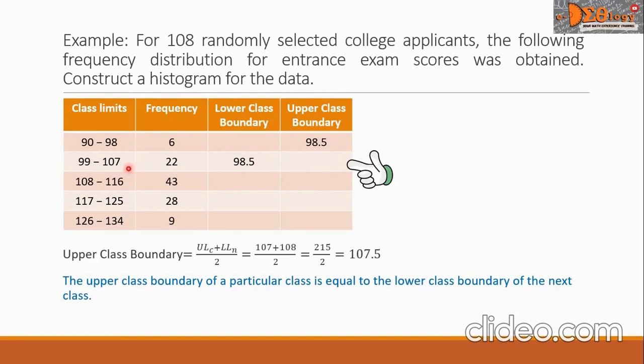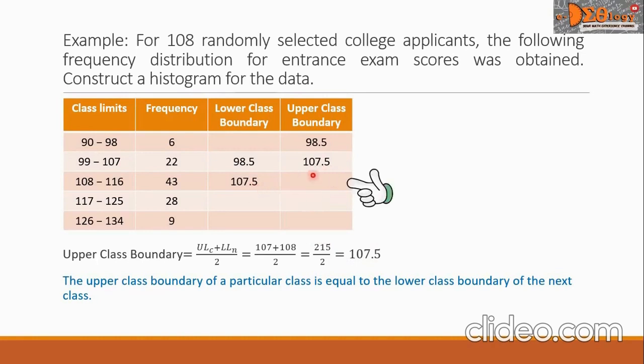So we have 107, the upper limit, plus 108, the lower limit of the next class, divided by 2. This is equal to 215 over 2 equals 107.5. And this value we will write here. Again, this 107.5 we will copy down here as the lower class boundary for the next class.